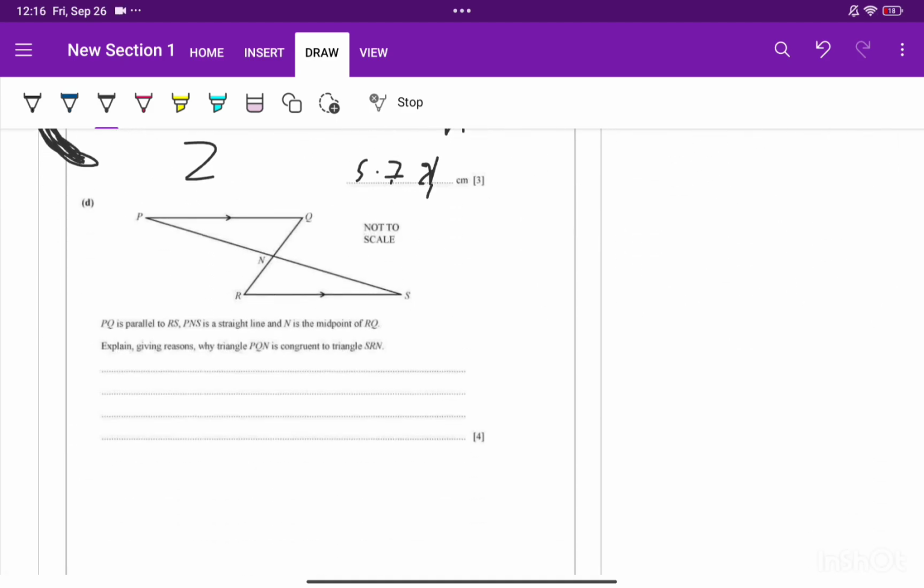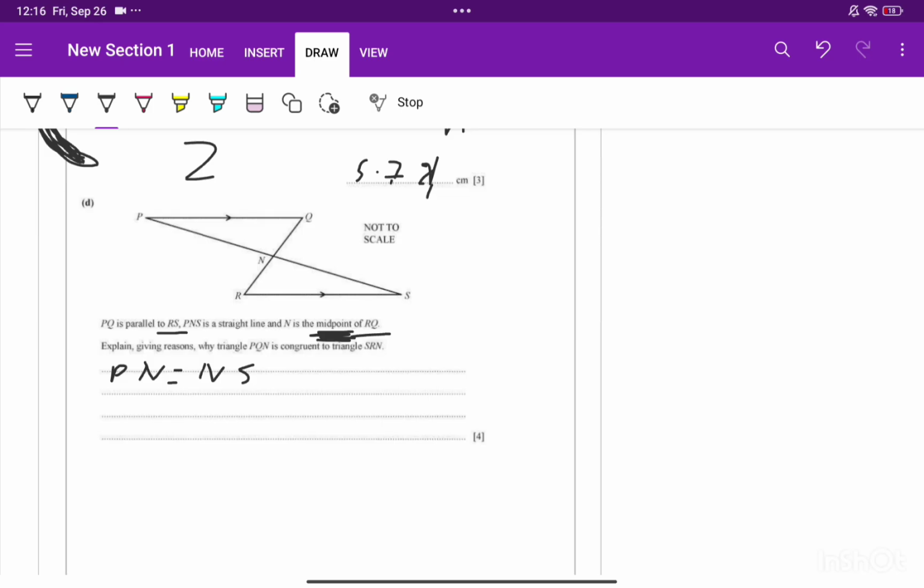Part D, PQ is parallel to RS, P, N and S are in a straight line, R is the midpoint of QN. Okay, so midpoint, this is an important word. Explain, give reasons why triangle PQN is congruent to triangle SRN. Okay, so PN will be equal to NS.